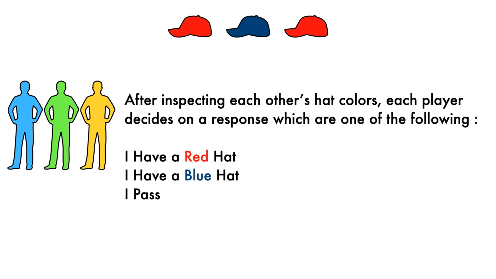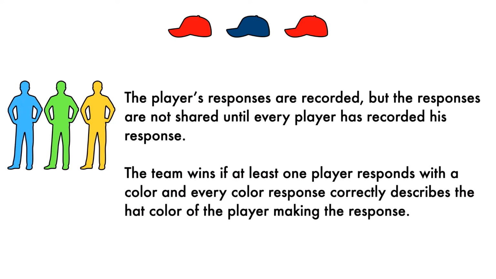After inspecting each other's hat colors, each player decides on a response, which is one of the following: I have a red hat, or I have a blue hat, or I pass. The players' responses are recorded, but the responses are not shared until every player has recorded his response.